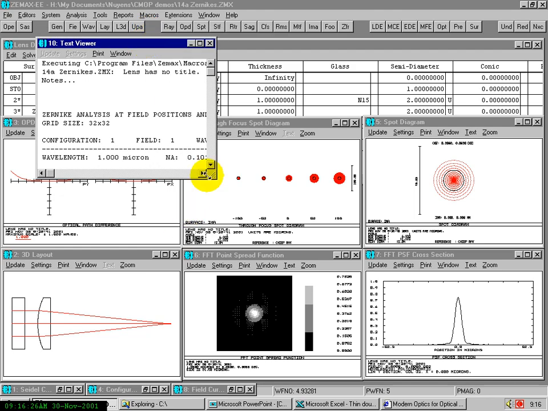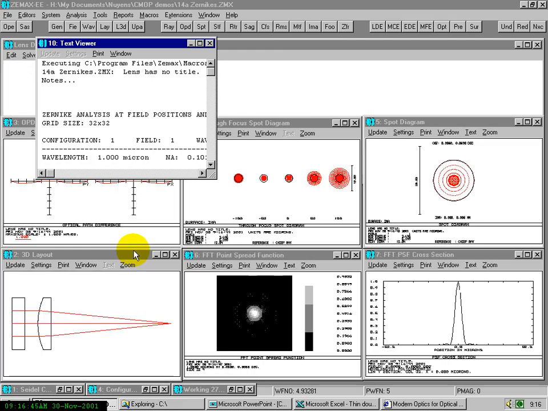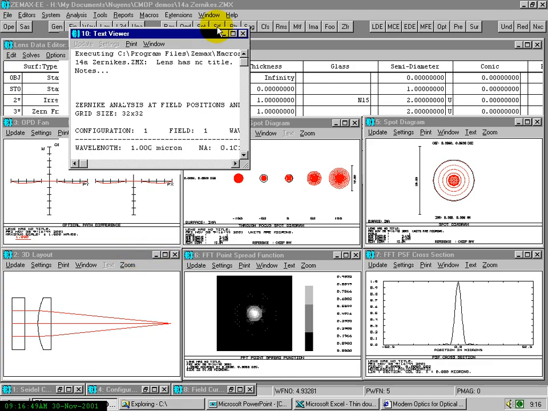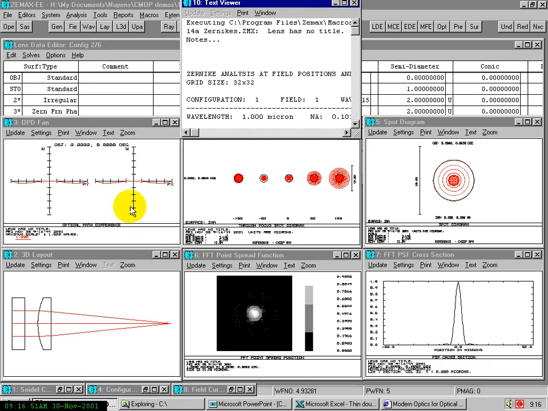Okay, now we see when we shift our image plane 58 microns to the left, then we should be in best focus. That's what the Zernike theory predicts. So in the next configuration, this is done. So we have moved now to that position, you can see from the OPD that they really are much smaller now.